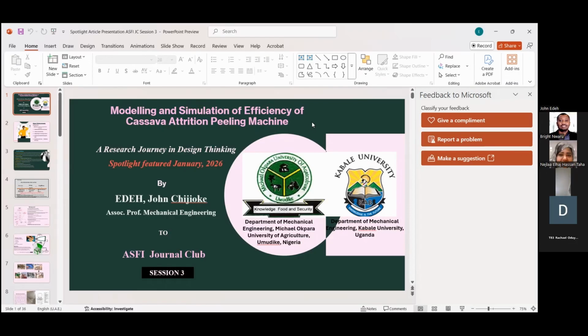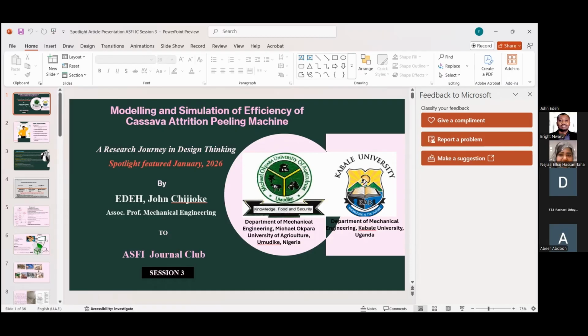What actually motivated me is that cassava has a huge potential that you cannot control. But in the processing, there is a bottleneck in the processing line, and this is peeling.